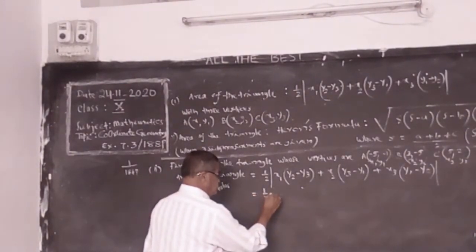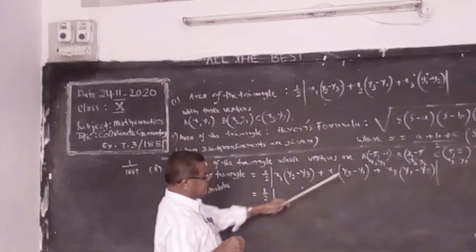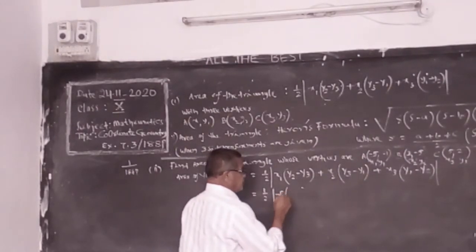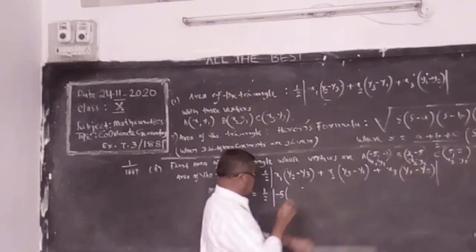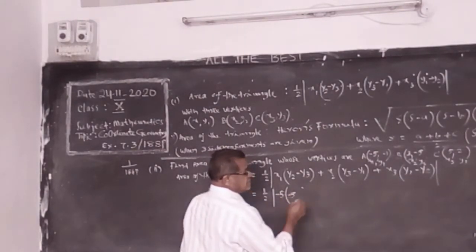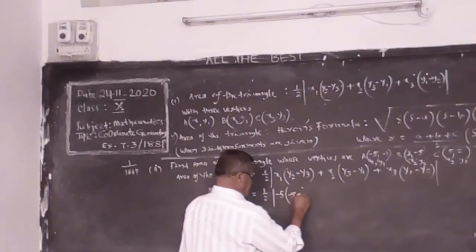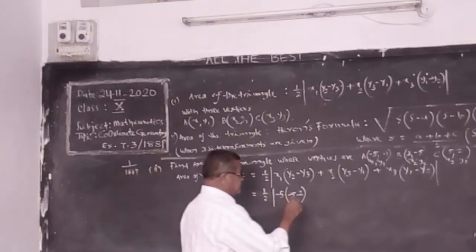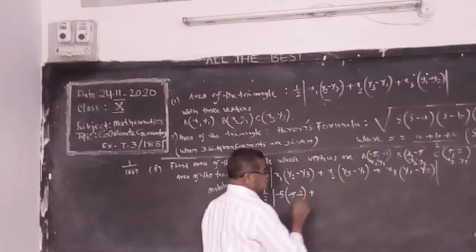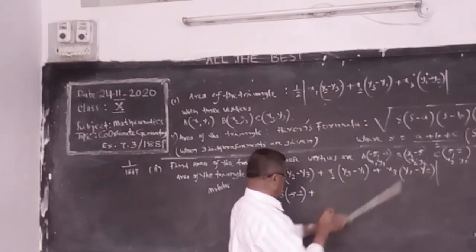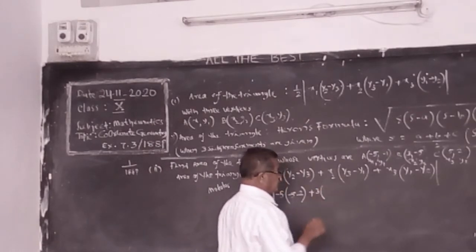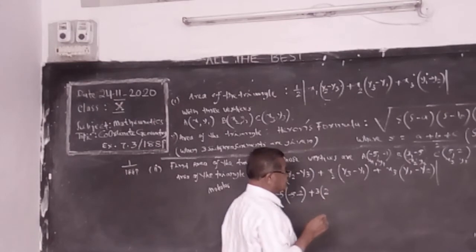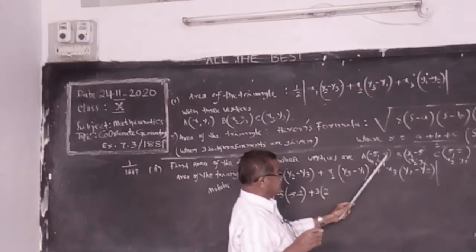Half modulus: in the first bracket x1 is -5, y2 is -5 and y3 is 2. The first bracket is over. In the second bracket, x2 is 3, of y3 which is 2, minus y1, and y1 is -1.